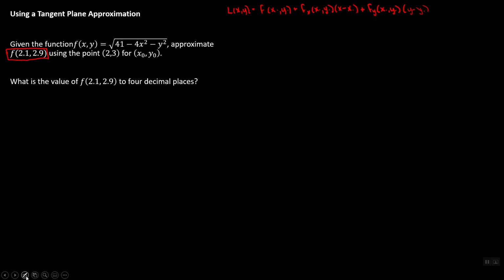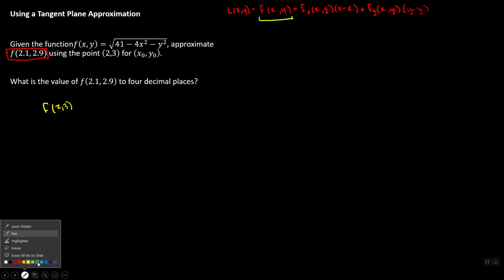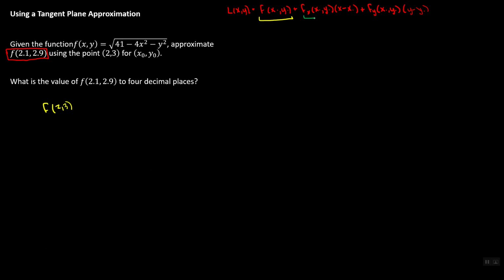Okay, so let's work on this piece by piece, just like we did in the last examples. We need to calculate one at a time. We are using 2, 3 for x0, y0, so we need to calculate f at 2, 3. We also need to calculate our partial derivative, and then we need to evaluate that at x0, y0, so we're going to find the x partial, and then we're going to plug in 2, 3 to our x partial.